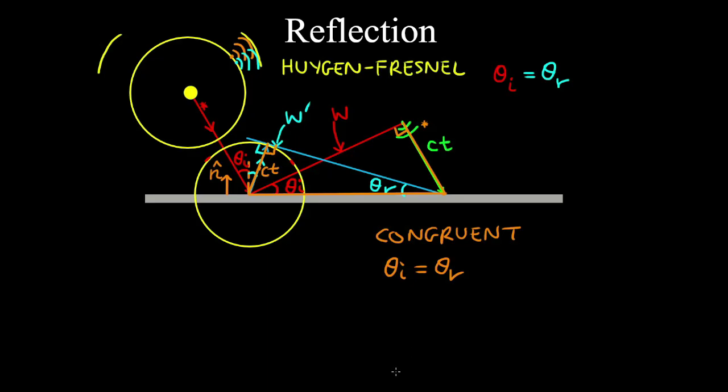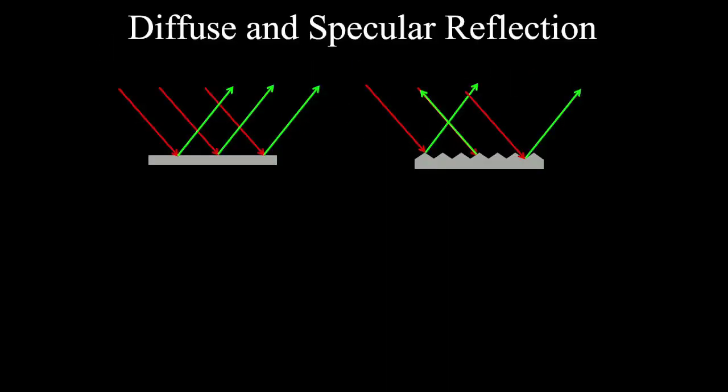And I'll leave it for you to show that theta r is the same as the angle between a reflected ray and the normal to the surface. And you can visualize that using basic geometry. Specular reflection is the reflection of light from a relatively smooth surface.